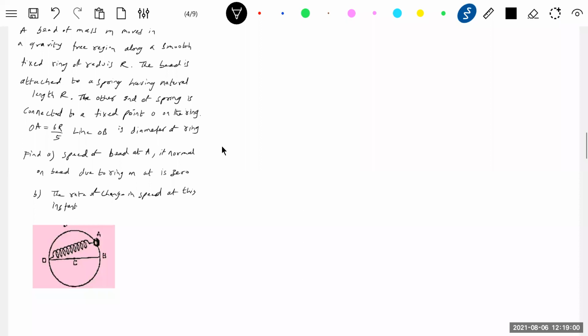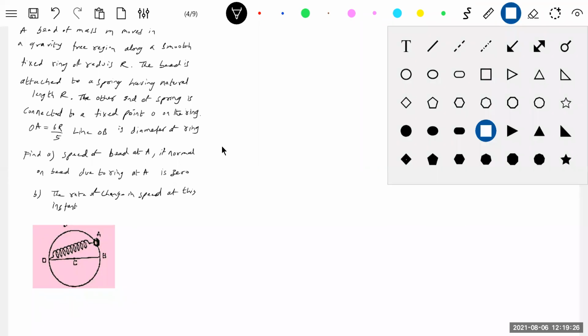Find the speed of the bead at A if the normal on the bead due to the ring at A is 0. Find the rate of change of speed at this instant.